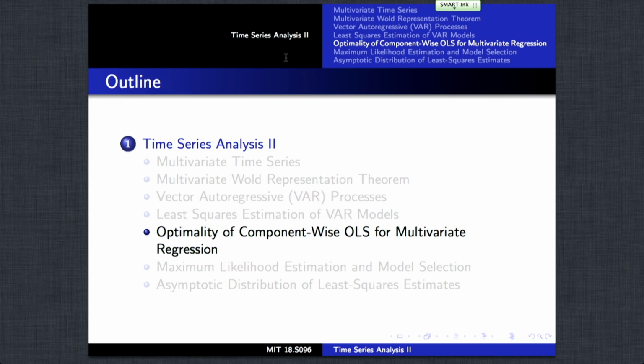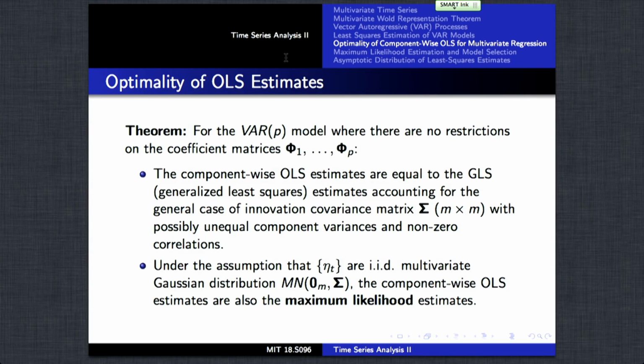The next section of the lecture notes goes through this argument, and in the interest of time, I'm going to just highlight what the results are. The details are in these notes that you can go through, and I will be happy to go into more detail about them during office hours.